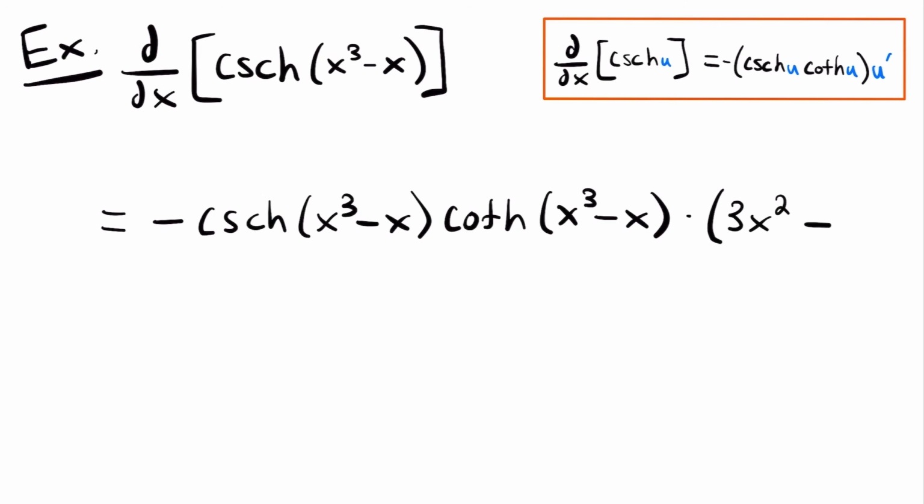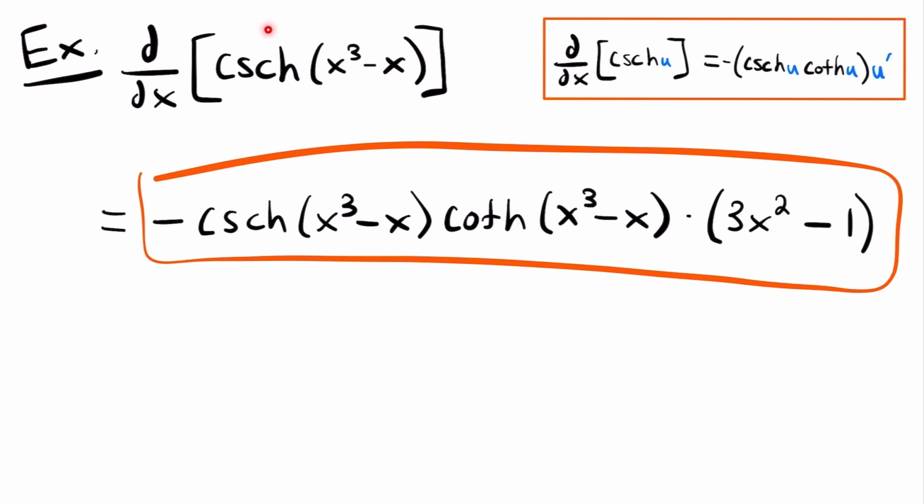And then we will subtract the derivative of x, which we know is just 1. And so then that is the end of that derivative, and ultimately the answer for the derivative of this function. There's really nothing here that we can simplify, and so we can just say that the derivative of this function is negative hyperbolic cosecant of x cubed minus x times hyperbolic cotangent of x cubed minus x times the quantity 3x squared minus 1. Okay, and so that is the derivative of this function.